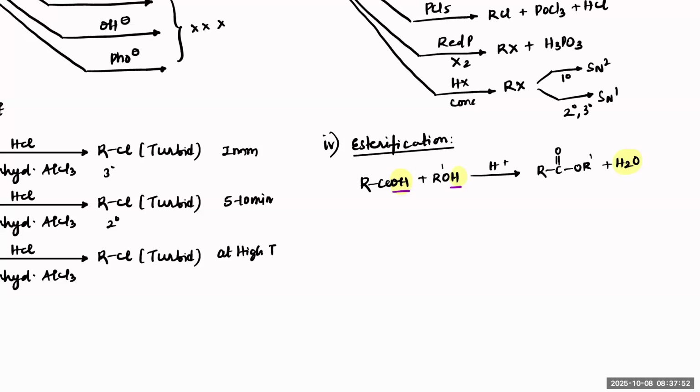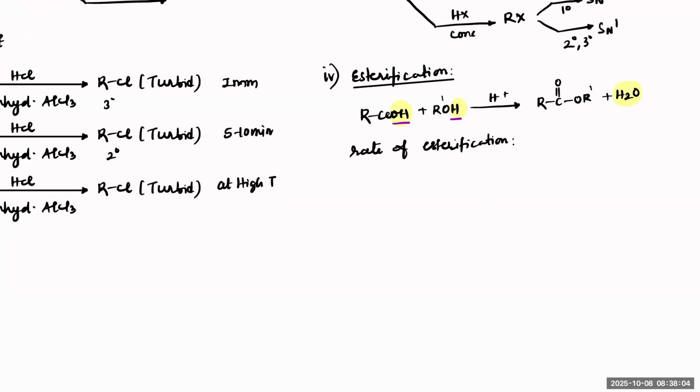Clear? Now the rate of esterification depends upon the alkyl groups. So HCOOH will have more rate compared to CH3COOH, compared to the bulkier acids.